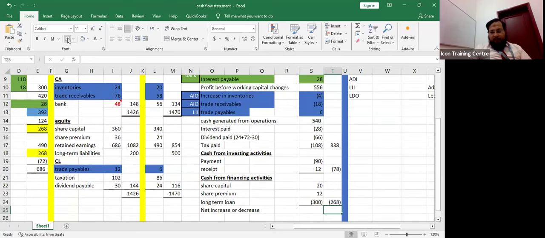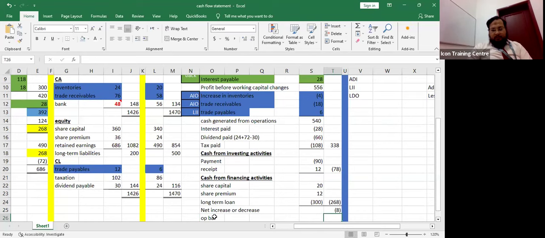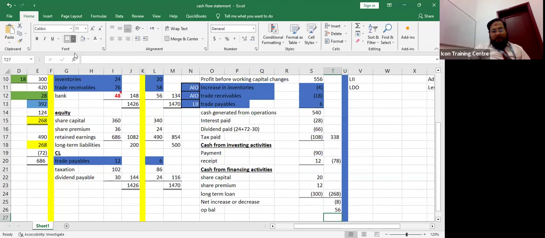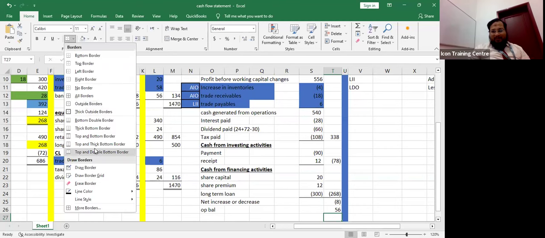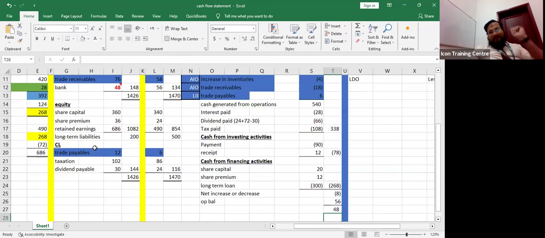You have 338 plus 78 plus 260. It gives you how much? 8. Now, brother, what is the opening balance of the bank? Opening balance of bank 56. It is positive, you have to add it. So 56 plus 8, 48.